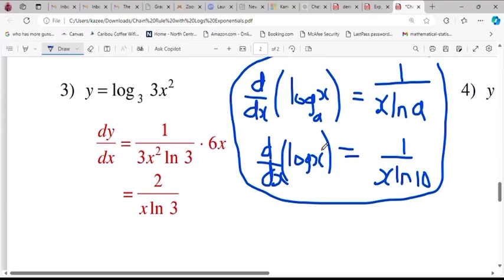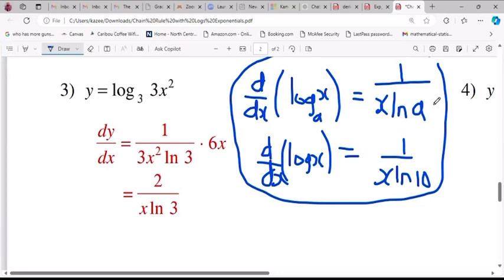Now you're going to see, when I want to do this, how do I get this here? If I want to differentiate this, I'm going to use this rule number 1. Here a is 3. What is acting as x is 3x squared.